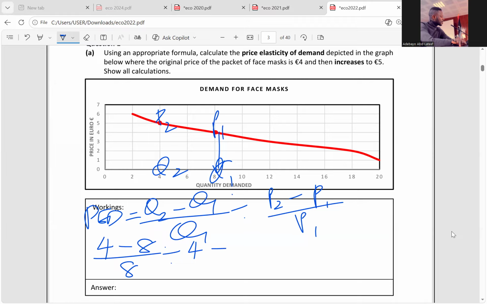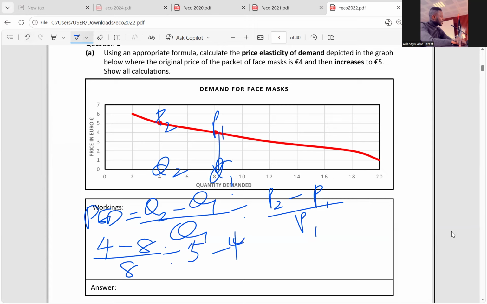P2 is 5. 5 minus P1, 4, over 4. P2 minus P1 over P1, right? Over 4. Yeah, 4 minus 8, and 5 minus 4 over 4.